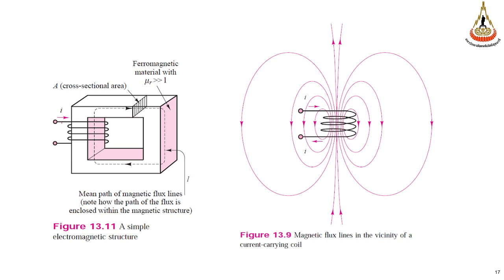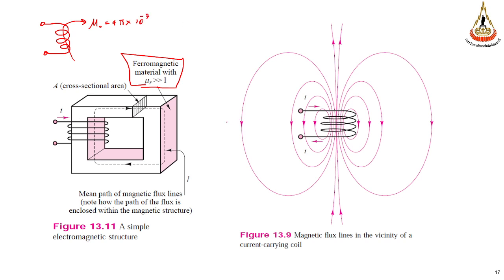If we force the magnetic field through a specific material, this material will have high permeability, right? If you just have air, mu will be 4 pi times 10 to the power minus 7.